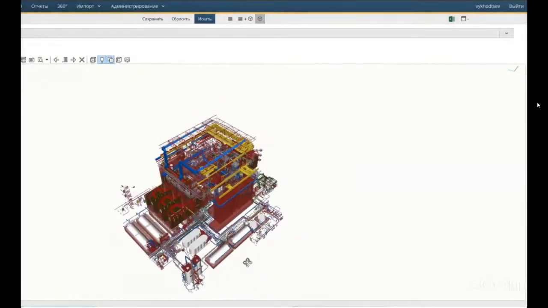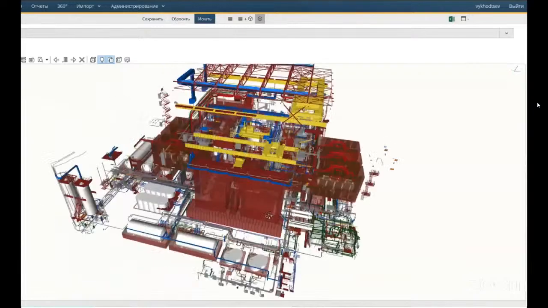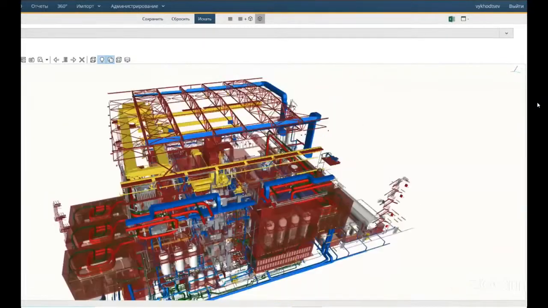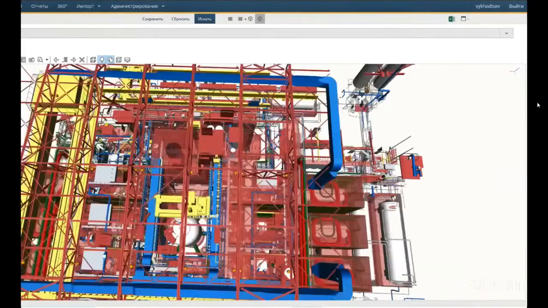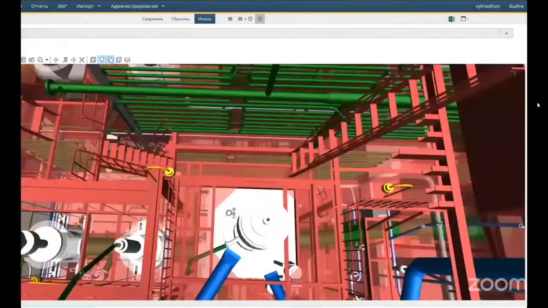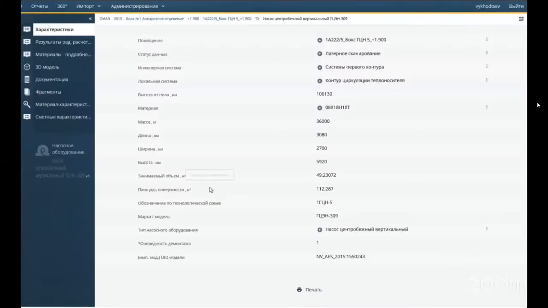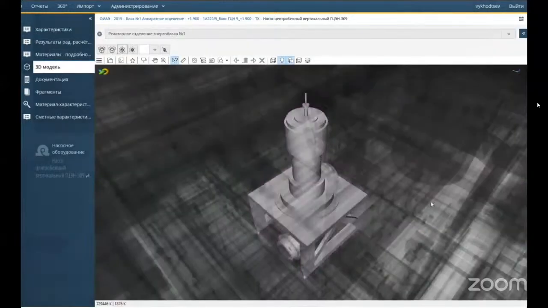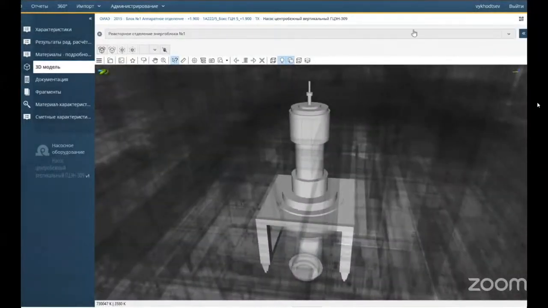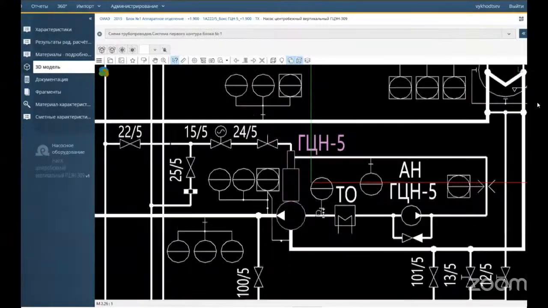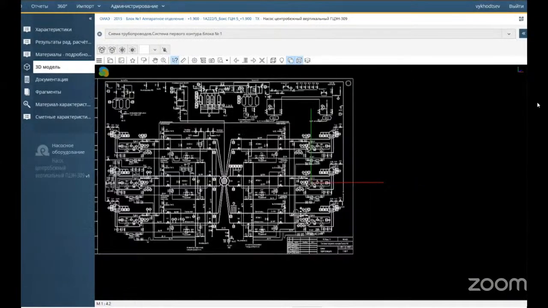So every element of the model has its attributive information that contains data about its physical characteristics, spatial characteristics, size, weight, materials, the position inside the building, and the part of each system it is.